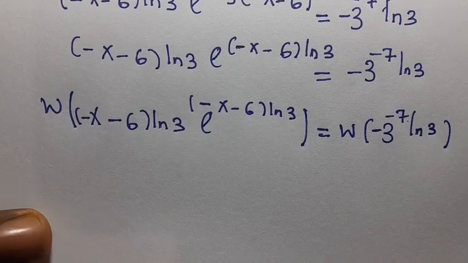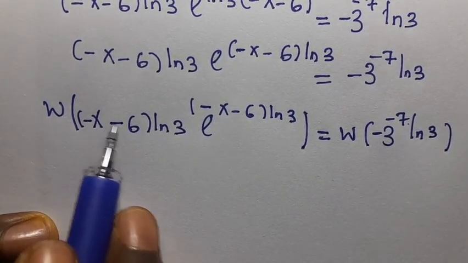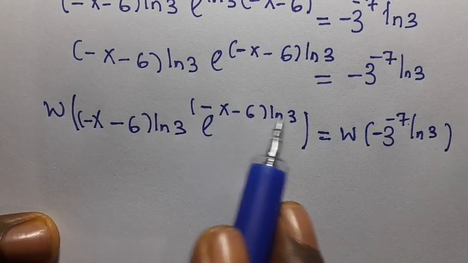Now, taking a look at this, they have the same base, minus x minus 6 ln 3, minus x minus 6 ln 3.